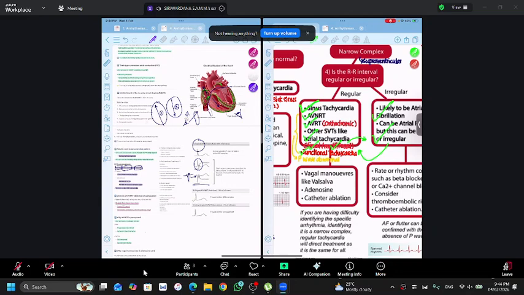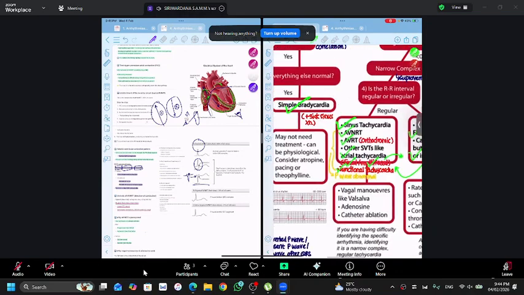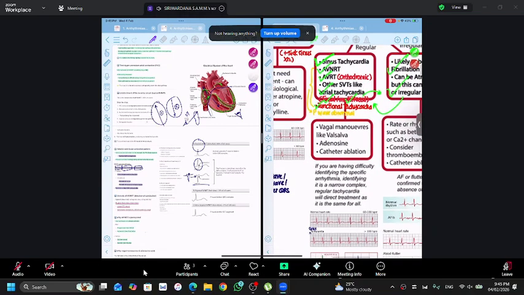But at our level, at undergraduate level, we are not expected to differentiate between these things. Obvious things like atrial fibrillation and atrial flutter you can easily differentiate. Even focal and multifocal atrial tachycardia you can differentiate because the P-wave morphology is abnormal.